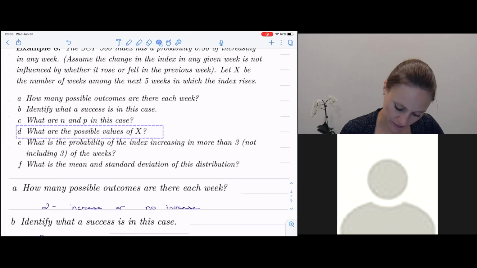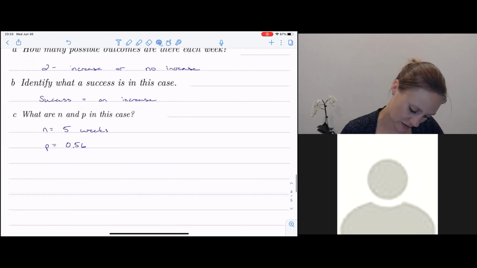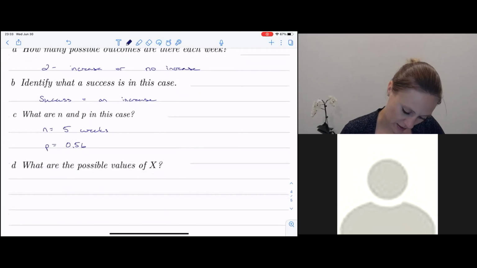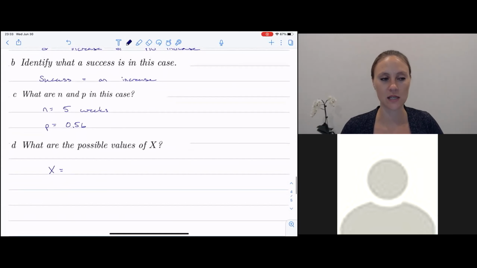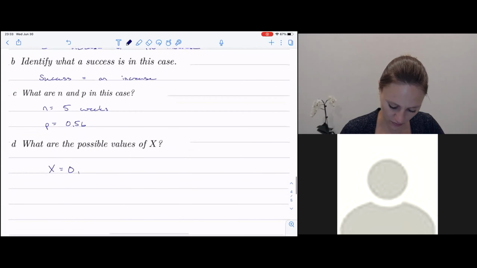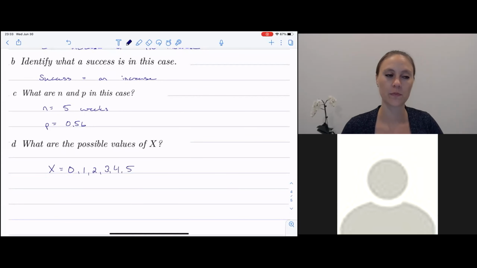What are the possible values of X? Here it is. That's the one that I jumped the gun and went to right away. X equals, and you're allowed to do this, you can just list them as possible outcomes. So 0, 1, 2, 3, 4, 5. Right? But it can only be one of these, making them disjoint, right?